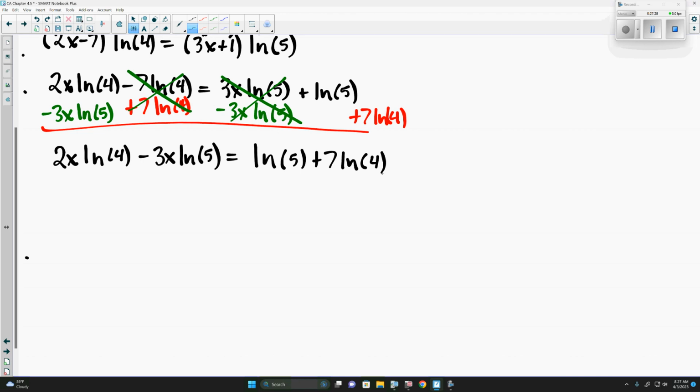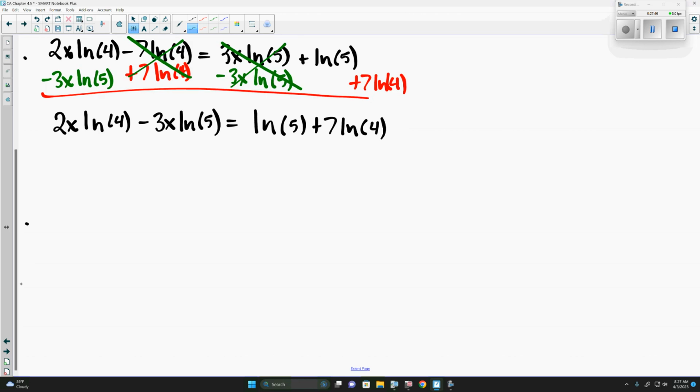But ln of 5 is just a number. 7 ln of 4, again, is just a number. Now, are either one of those going to be a nice number? No. So again, even on Alex, it will say to round your answer to the nearest tenth, nearest hundredth. But it will also say do not do any intermediate rounding.